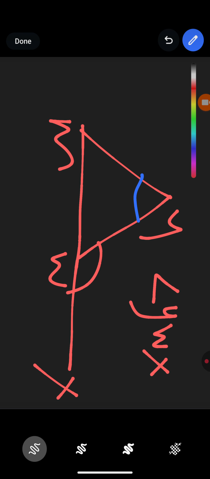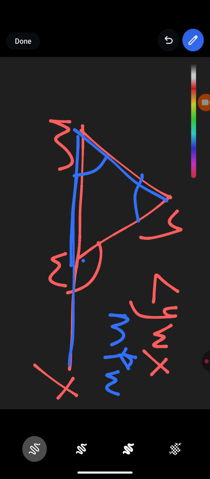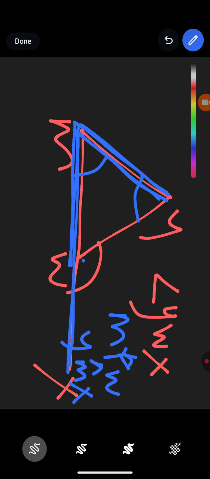This angle is angle, you can say WYM, or if you want, MYW. What about this? It's WMY or XMY or YMW or YMX. So that's how to name angles.